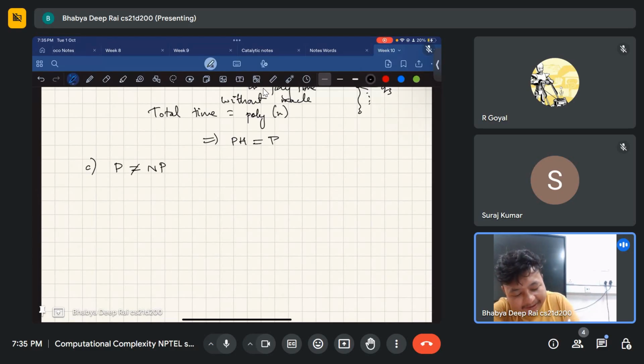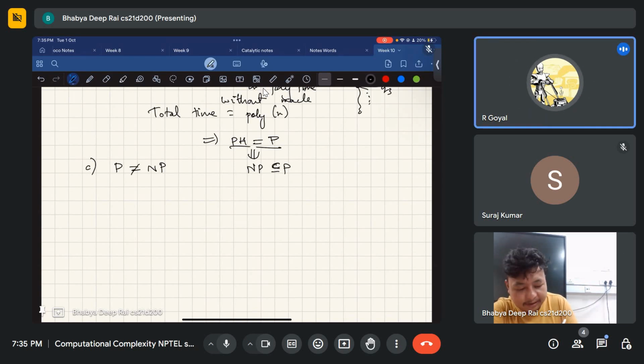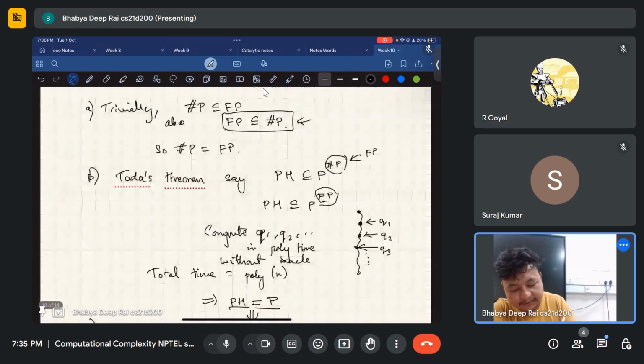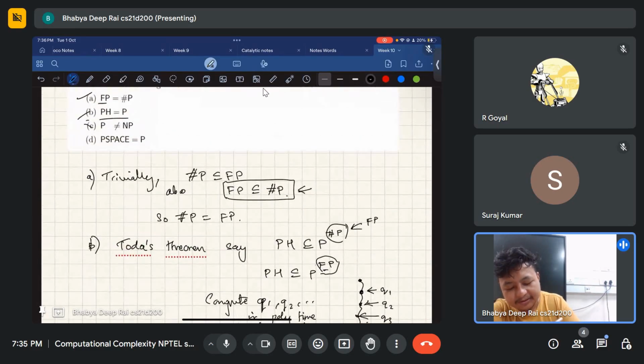The fact that PH is equal to P implies that NP is contained in P, because PH contains NP also, right? Therefore, P equals NP, and this one is wrong.